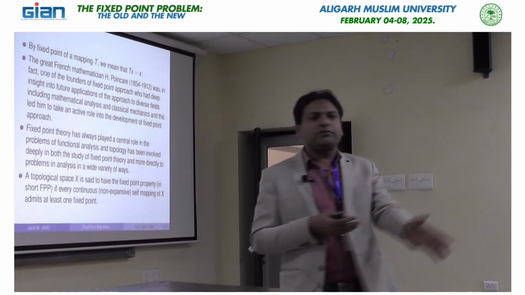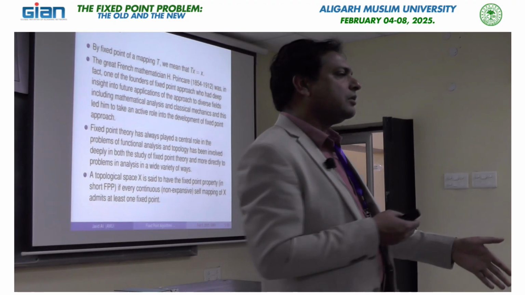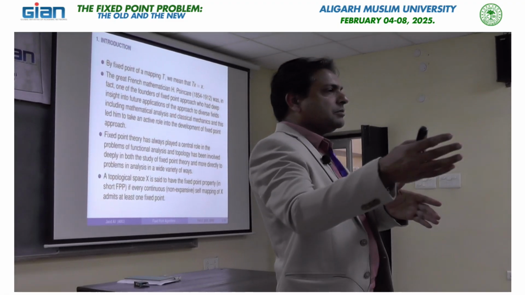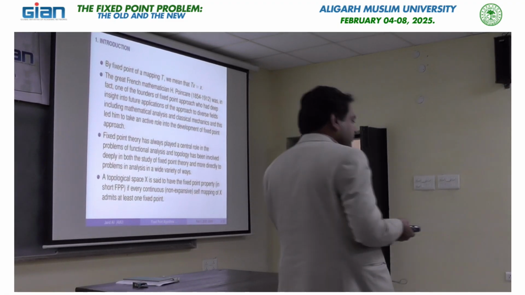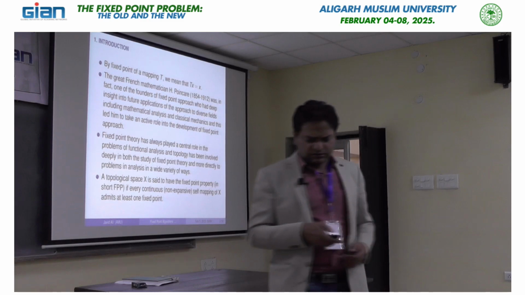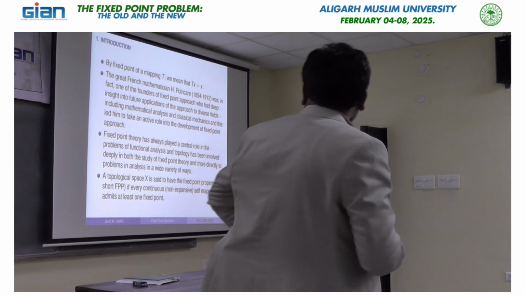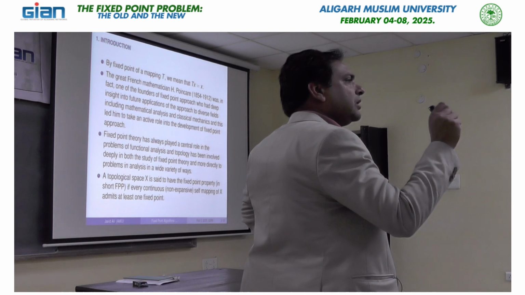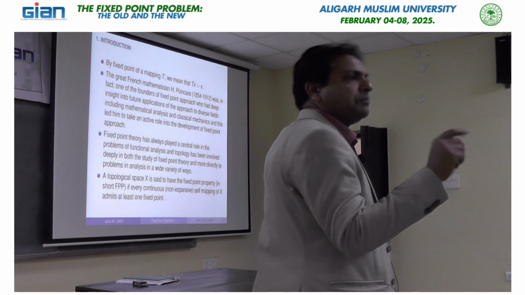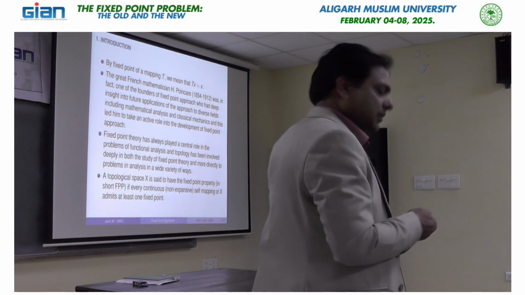On the other side, we have very important applications in diverse fields of mathematics, even outside mathematics, especially in computer science, economics, and other areas, even in chemistry nowadays. So generally people now consider this subject a bridge between pure and applied mathematics.